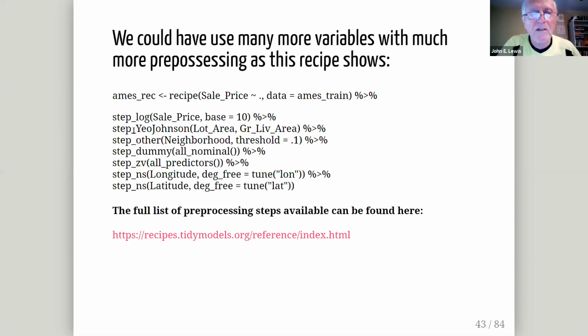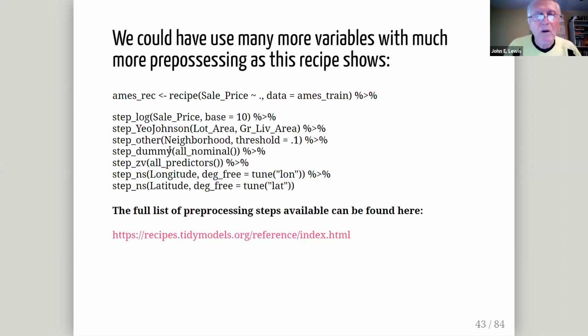And so the second step is the Yeo-Johnson transform. It's like a Box-Cox transform, but it can deal with values below 0 or negative values here. And so I look at greater living area and lot area and do a transformation on that. I do a pre-processing on the neighborhoods where I set a threshold that anything under 10% in terms of frequency goes into a bin called other.